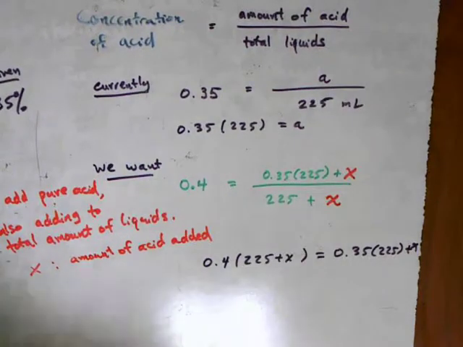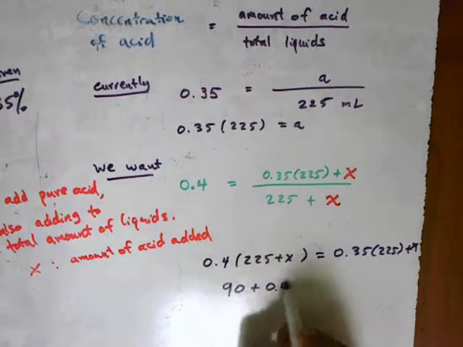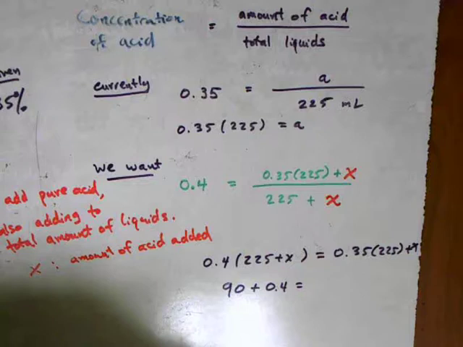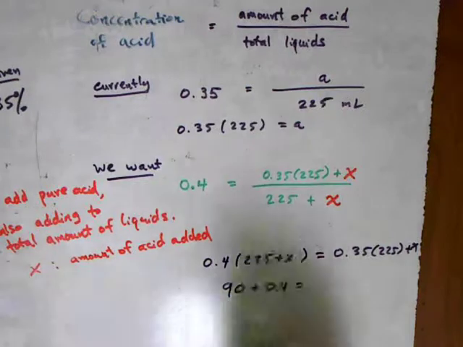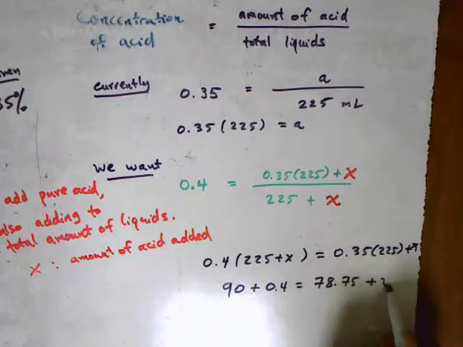I'm just going to do some basic arithmetic here. So 0.4 times 225 is 90, plus 0.4x. And then 0.35 times 225 is 78.75 plus x.